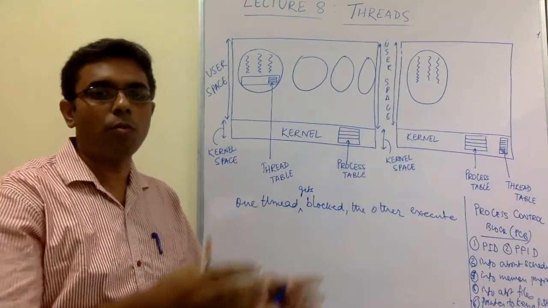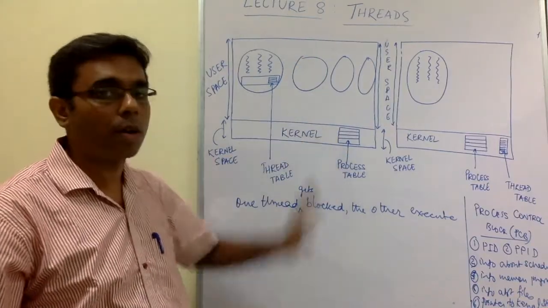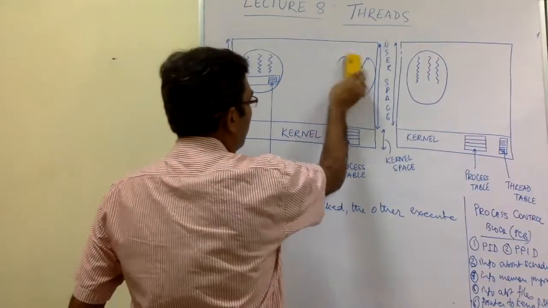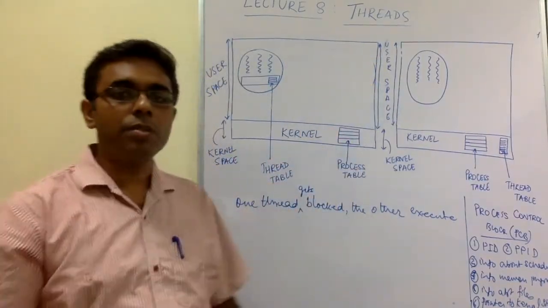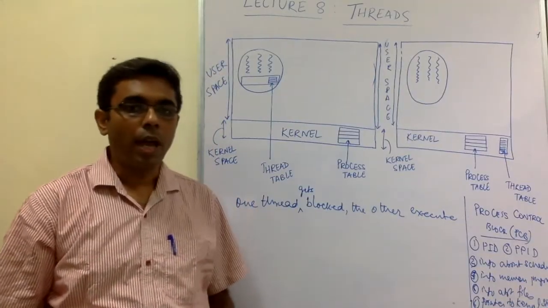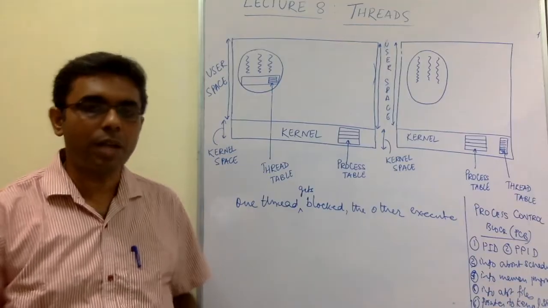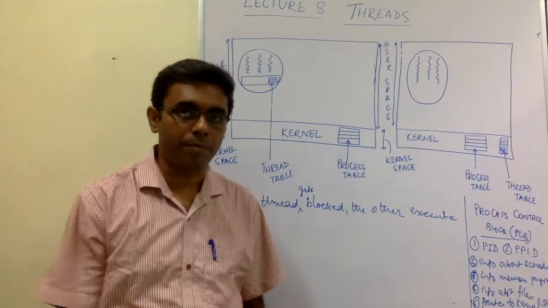The moment the process terminates, the PCB is removed, and the resources allocated for it are reclaimed by the operating system. That is how the kernel keeps track of the processes in the system.